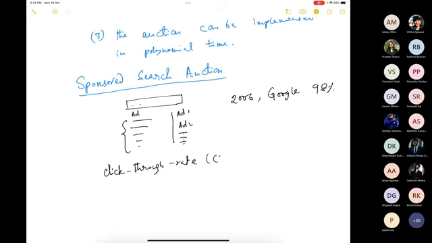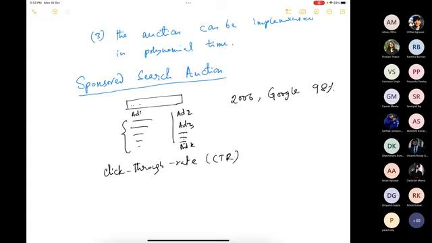Suppose I have K slots. Say this is ad 1, this is ad 2, ad 3, this is ad K. There are K slots. That means K ads can be shown.